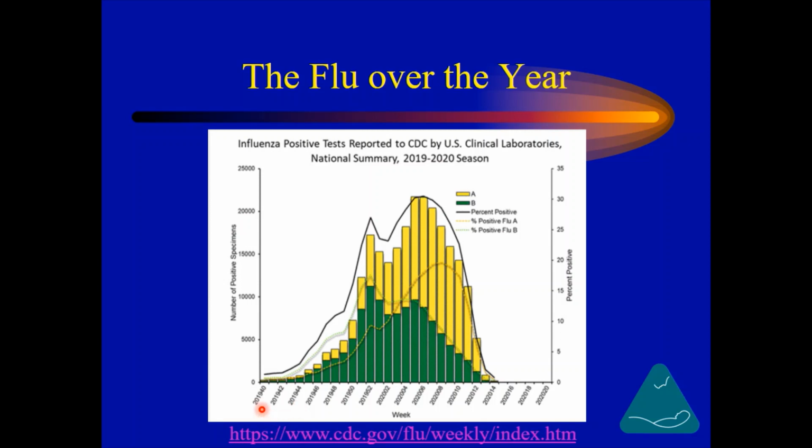And it goes from the 40th week of 2019 over to the 20th week of 2020. So as you look at this, you see that it peaks at about 22,000 positive cases reported in these weeks, and then it drops off.